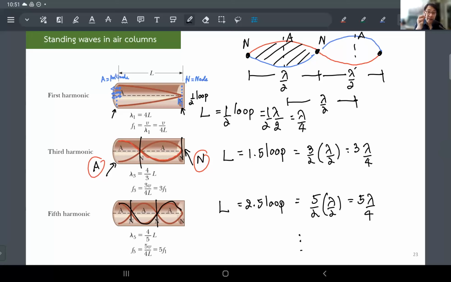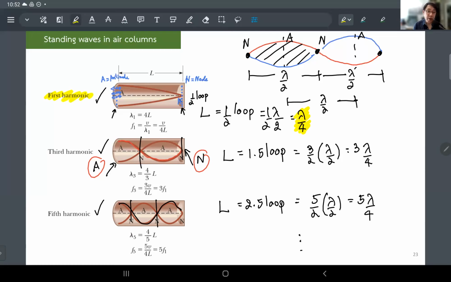And whenever you hit these conditions over here, you always get some standing wave. So the sound will be loud. That's what you're hearing. Okay. So in conclusion, you can call the first condition that you can meet here, the easiest case, the lambda over 4 case, the first harmonic.